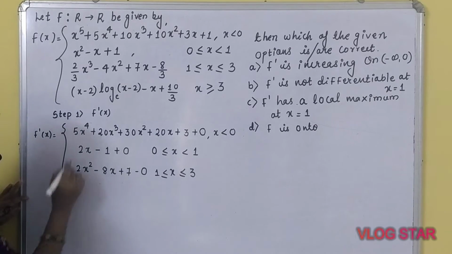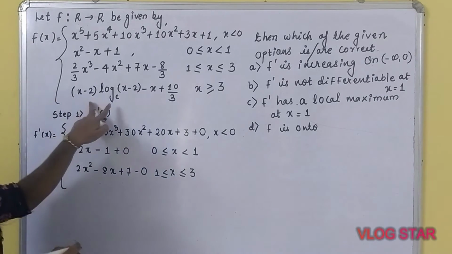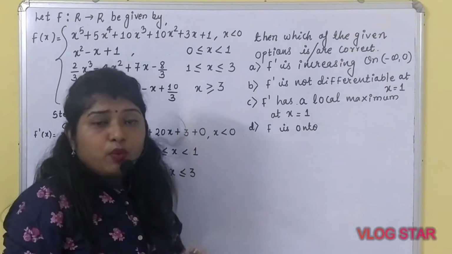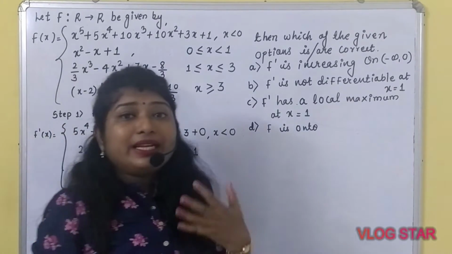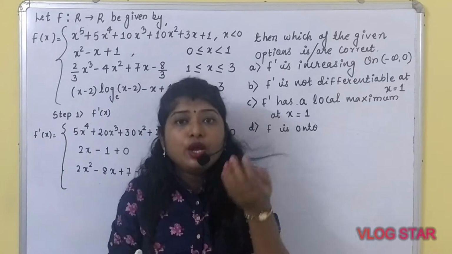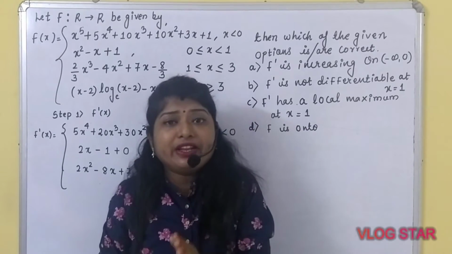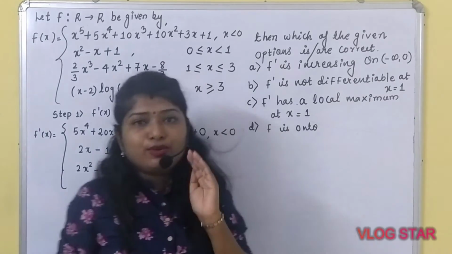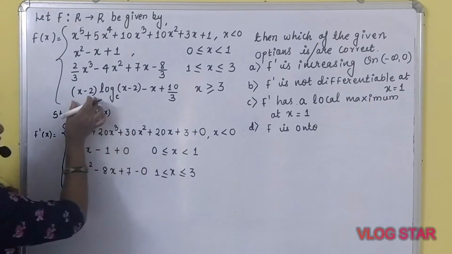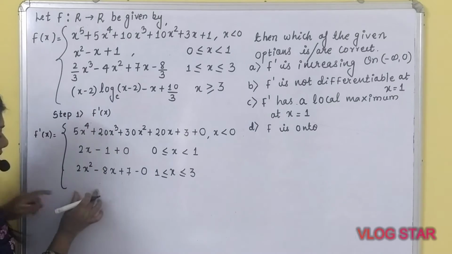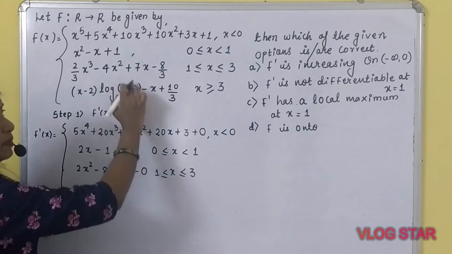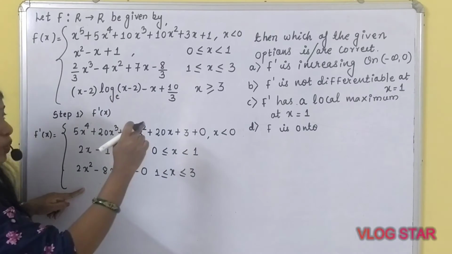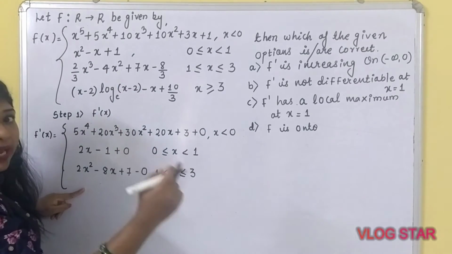Similarly, for the derivative of the last term, here you have to apply the u dot v rule. How do you find the derivative using the u dot v rule? u as it is into the derivative of v, plus v as it is into the derivative of u. So if we take this as it is into the derivative of this particular term, the derivative of log of x minus 2 is 1 upon x minus 2.